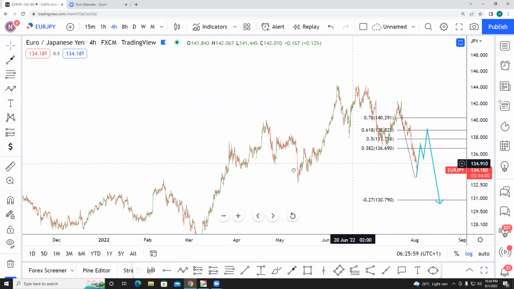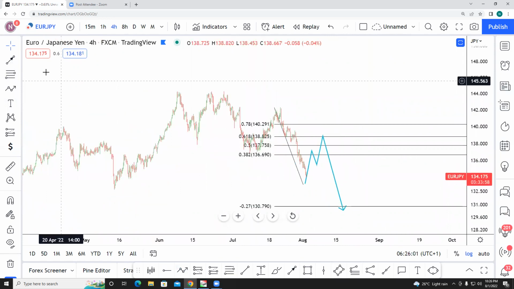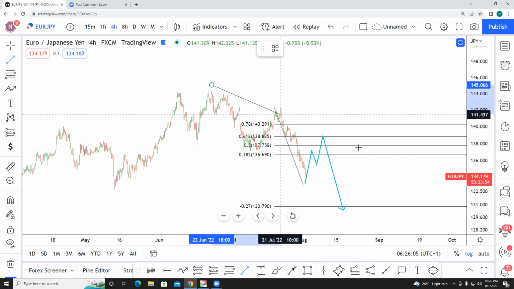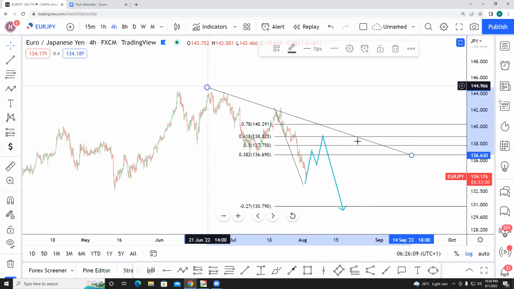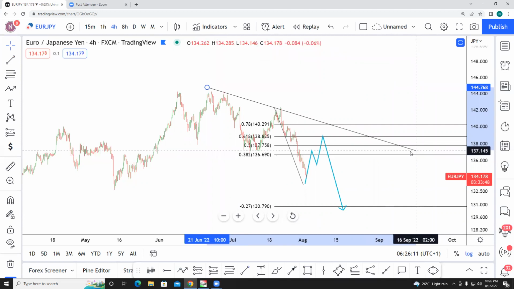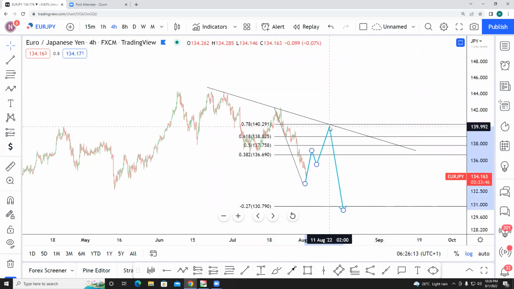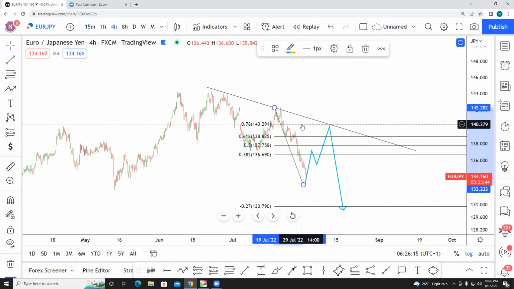And when this pullback goes effectively to 50 or 61.8, you can carry out a lot of tests to find out whether the continuation move to the downside will come. Like this, if it's a zigzag, it will come to 78, of course.